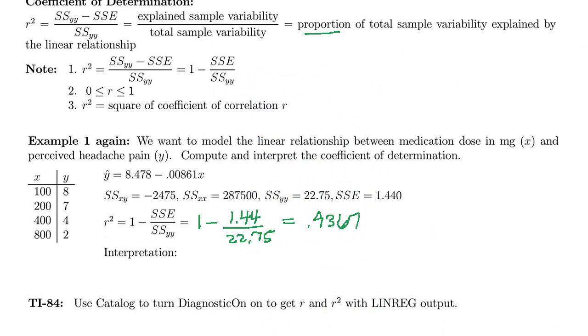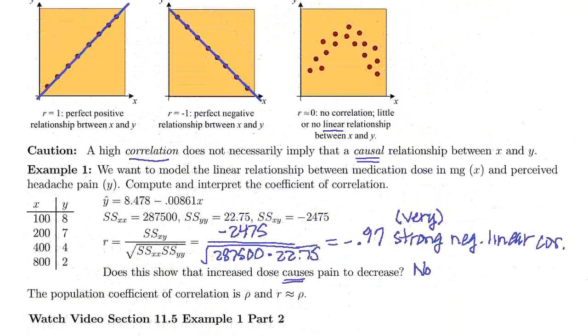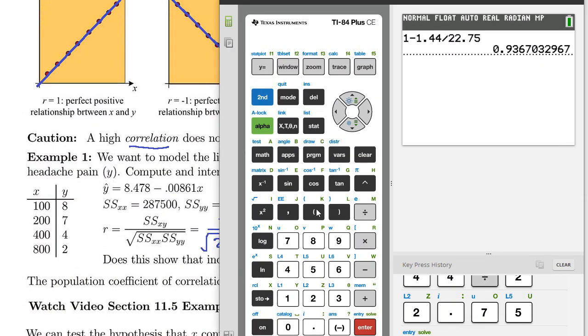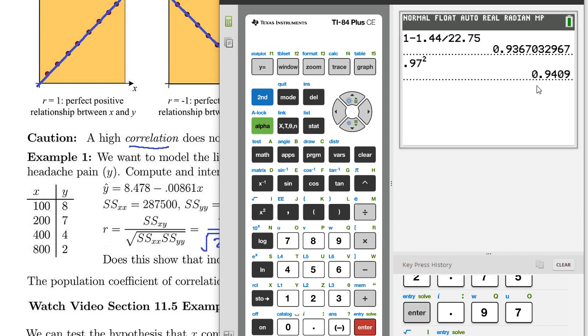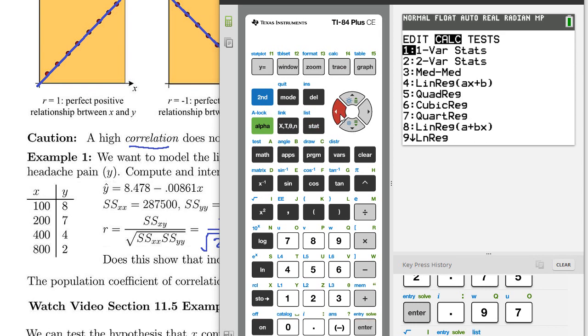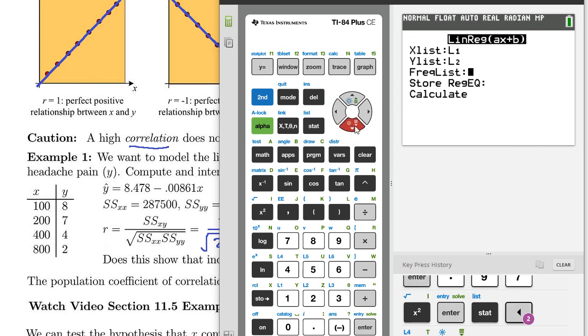So remember that our coefficient of correlation was 0.97. And if you square that, 0.97 squared, now we rounded that, we get 0.9409, versus 0.9367. Let's see, stat, tests, I'm sorry, calc, and then 4 was our linear regression.